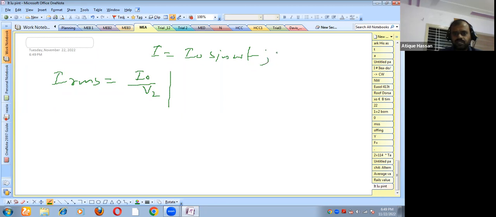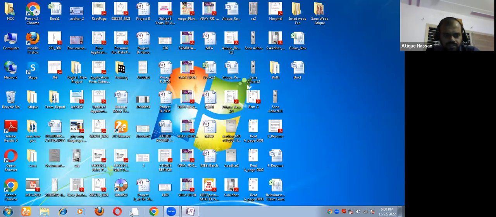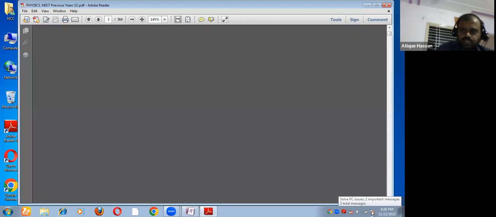Similarly, if you have voltage like V is equal to V naught sin omega t, we will get V RMS equal to V naught by root 2. So now we will directly jump to some questions so that we can do questions based on RMS and average value. Then we will do a lot more discussion.